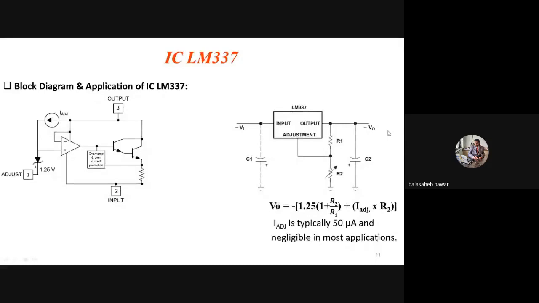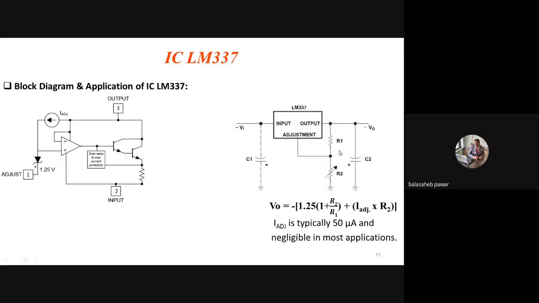As the input is negative, one more care you have to take about the filter capacitor. It should be connected as shown, that means the negative terminal to the input voltage and the positive to the ground. Otherwise, due to reverse charging, the electrolytic capacitor will burst. That means if the positive plate is connected to the negative voltage, it is charged in reverse direction.